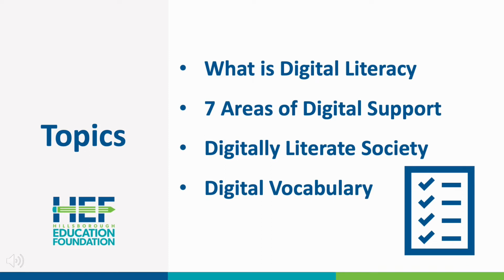Then we will move into 7 areas of digital support. Then we'll go into our third topic, digitally literate society. And then the last one we will cover is digital vocabulary. All of these are very important topics that delve more into understanding digital literacy and how to properly navigate the internet.